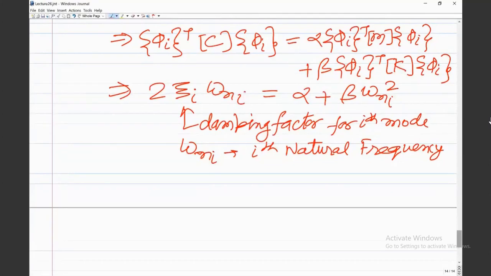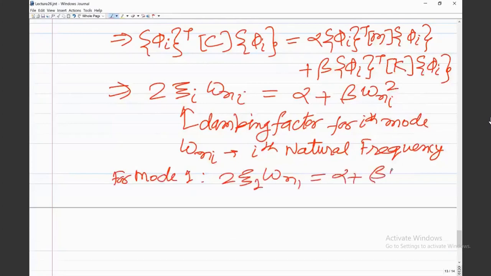So to get alpha and beta, we need to know experimentally the damping factor in two modes, say mode 1 and mode 2. For mode 1, we will have, let us say, twice xi 1 into omega n1 is equal to alpha plus beta into omega n1 square.